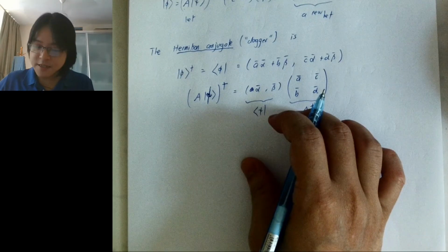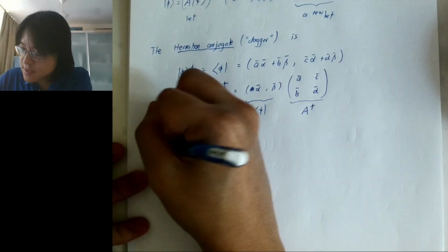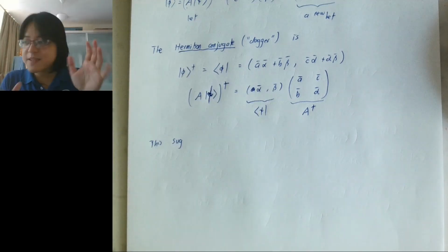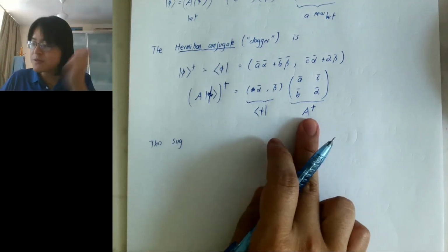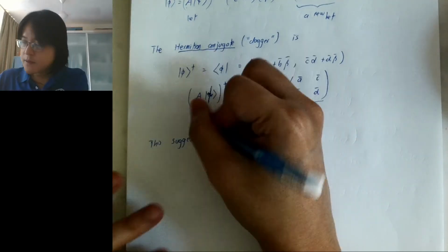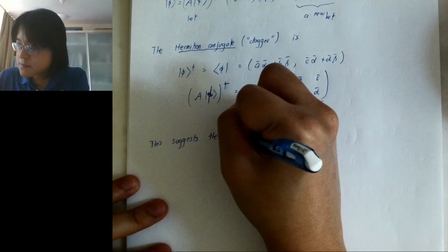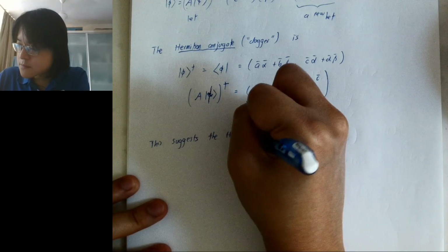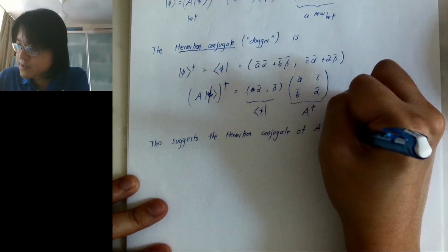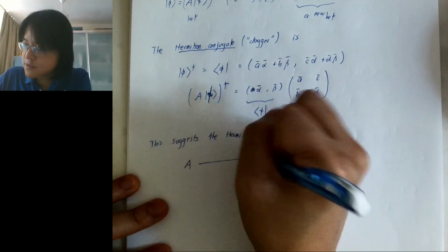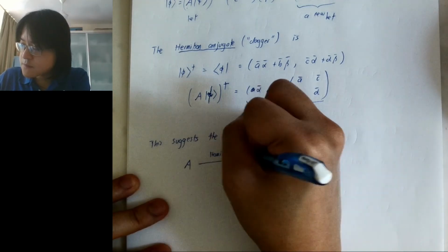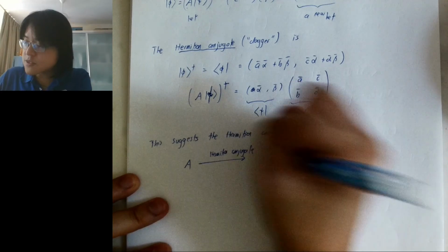So this suggests that, remember, like was it Kaishen who said, yeah, we are establishing the rules of the game. So now we see this, we add a new rule. This suggests the Hermitian conjugate of A is also the same thing as before.